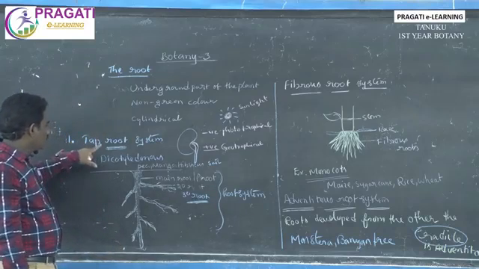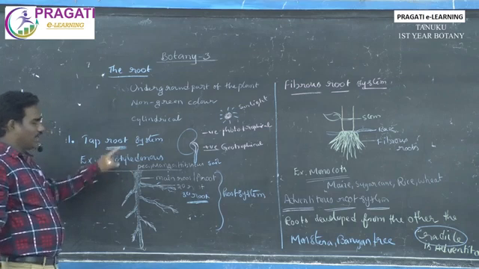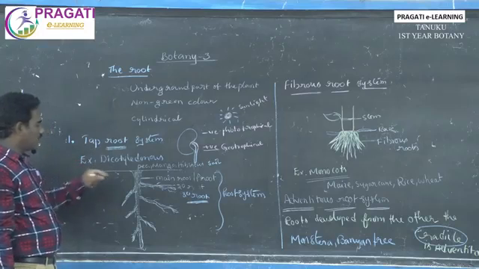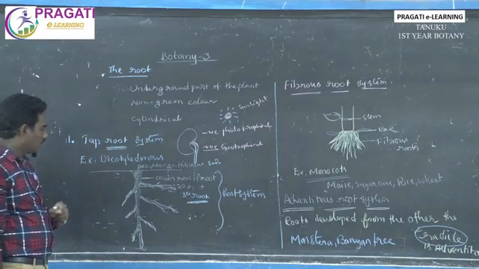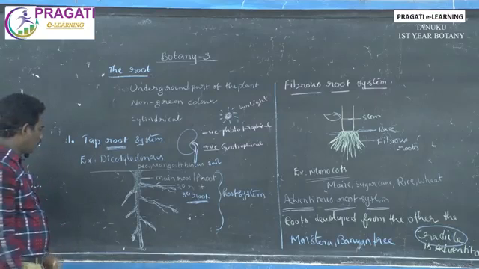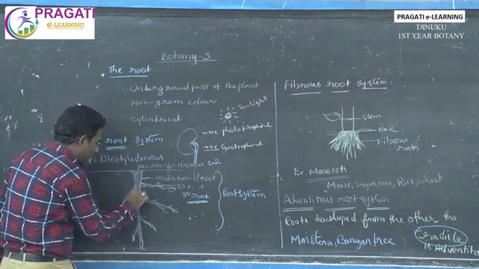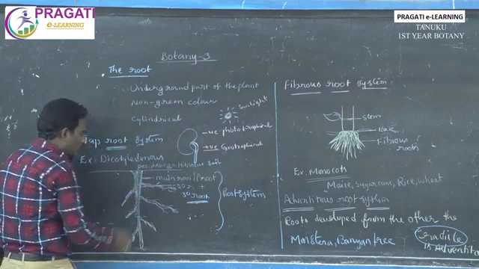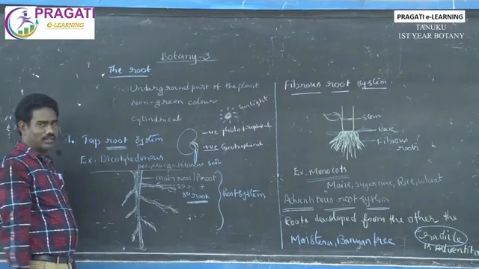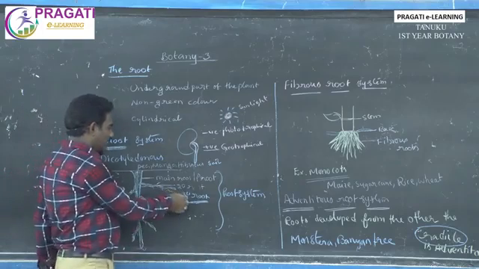What is the root system? How the roots and branches are arranged is called the root system. These root systems are of three types. First one, the taproot system. The primary root develops from the radicle. It is elongated. It produces a large number of lateral roots in several orders, that is secondary and tertiary roots.